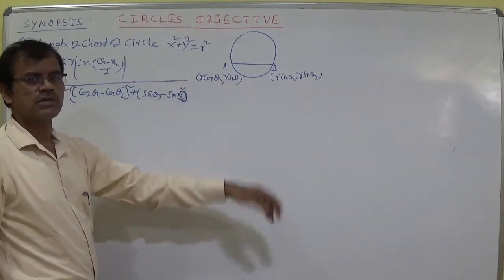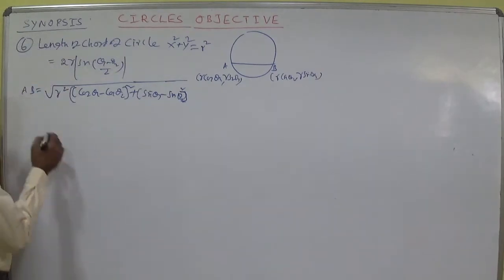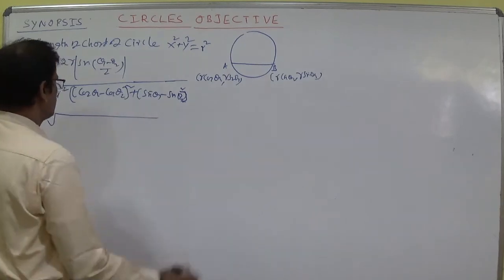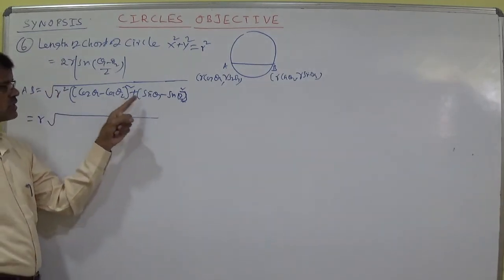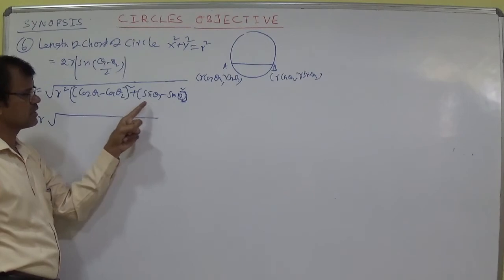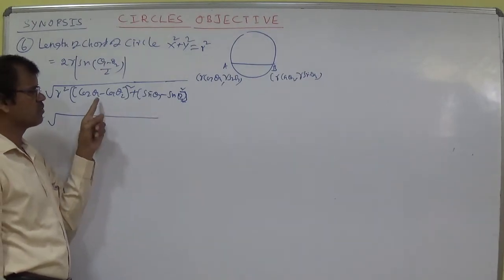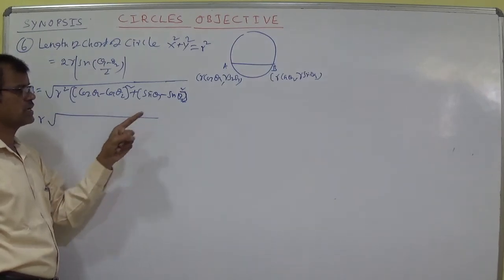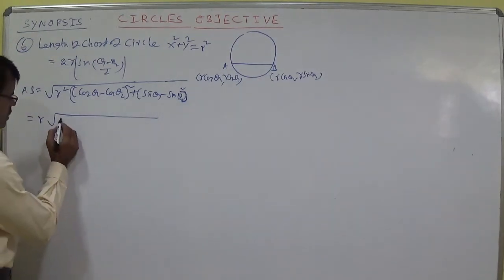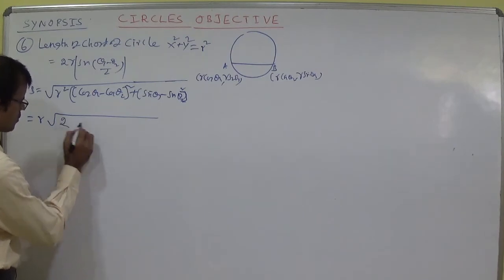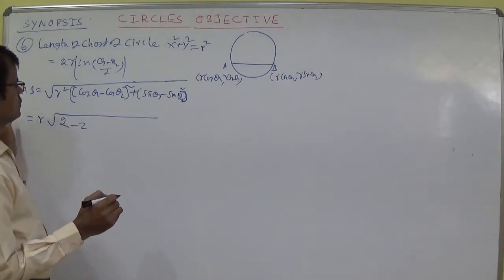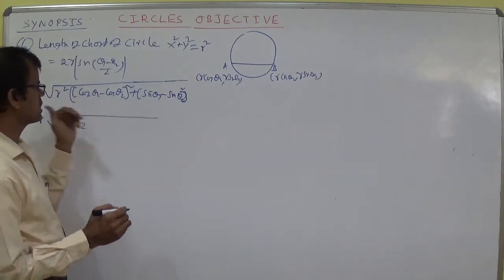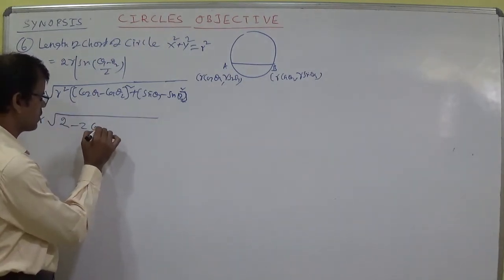This depends upon the formula, simply root of (x2 minus x1) whole square plus (y2 minus y1) whole square. R into root of, expanding this: cos square theta 1 plus sin square theta 1 becomes 1, and cos square theta 2 plus sin square theta 2 becomes 1. So 1 plus 1 is 2, minus 2 taken common, (cos theta 1 cos theta 2 plus sin theta 1 sin theta 2). So you can write 2 minus 2, because cos a cos b plus sin a sin b becomes cos of (a minus b).